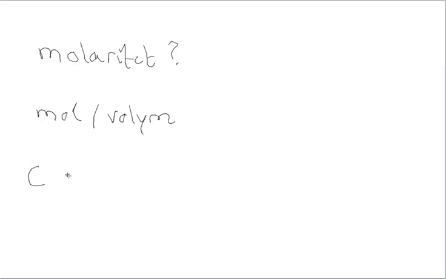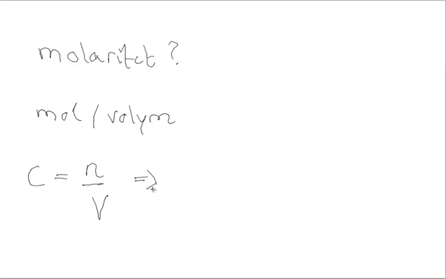Then what is the molarity of this solution, of this buffer? And molarity is mole per volume. That is the concentration, N divided by V, mole divided by the volume.